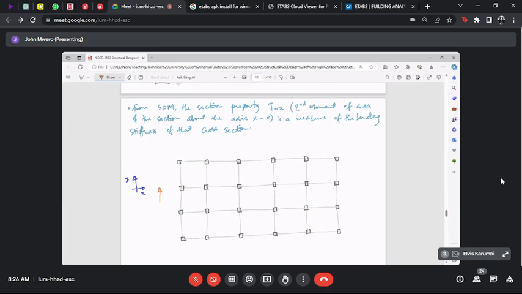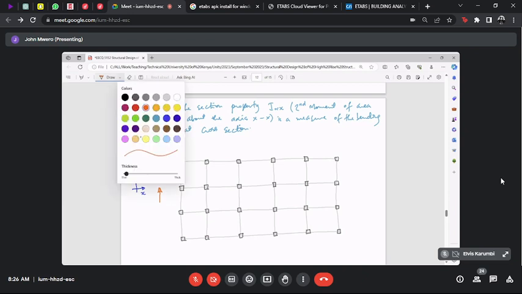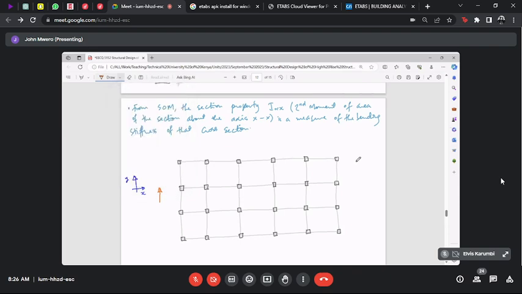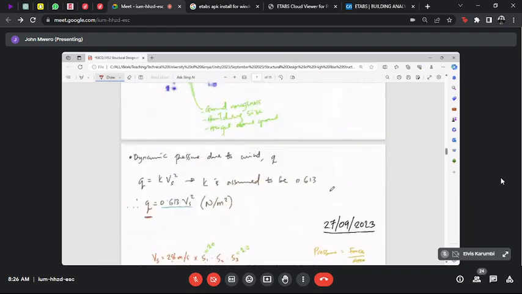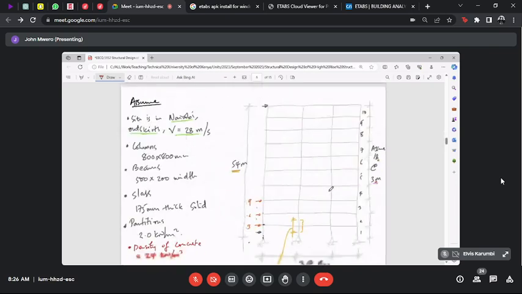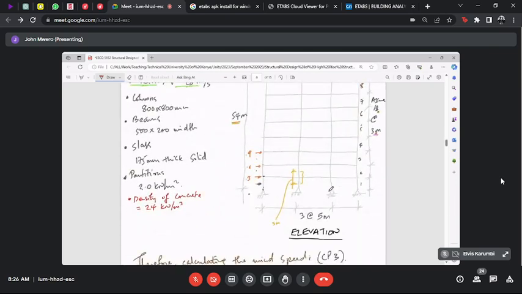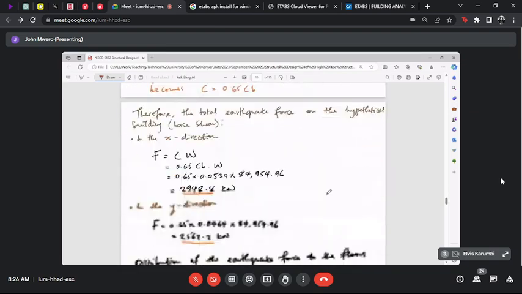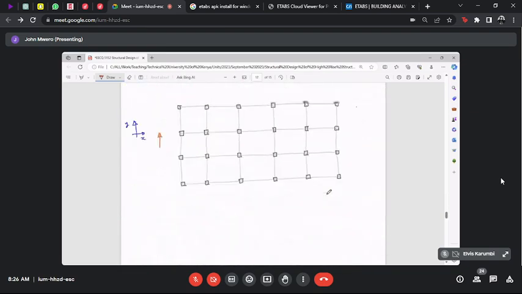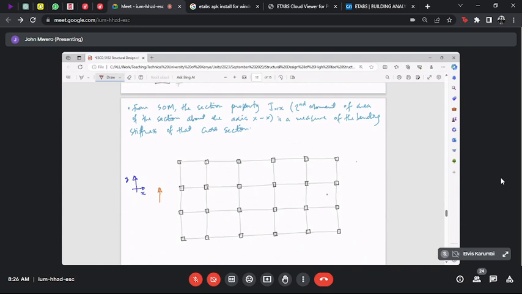What is your thought? For the same column area, so we're not increasing the cost of material. We had said we are working with columns of 800 by 800. So for the same cross-sectional area of column, do you think it would help if we made them elongated in that manner?